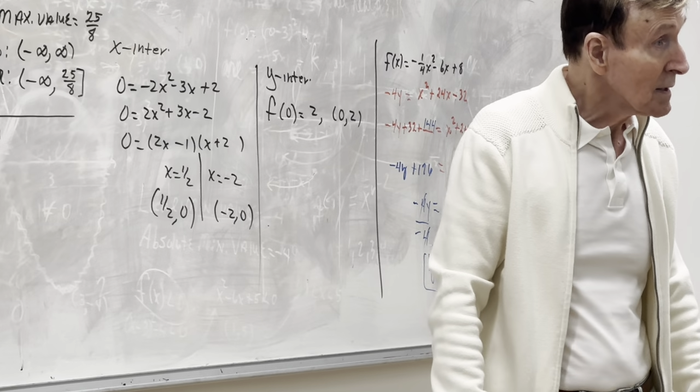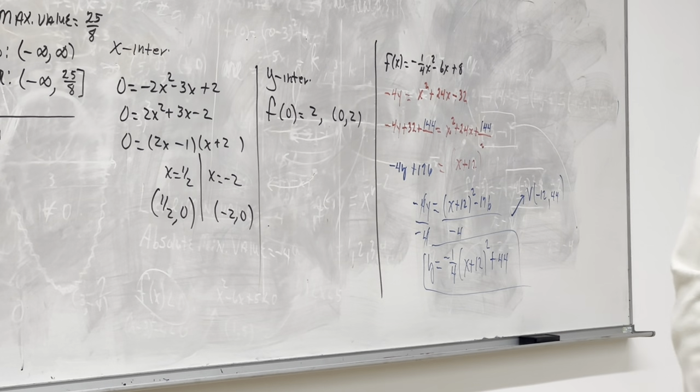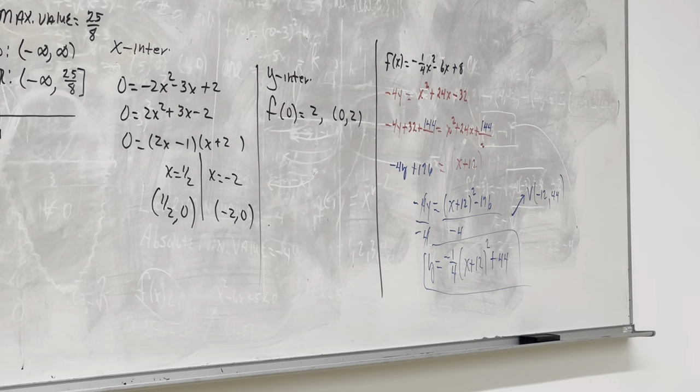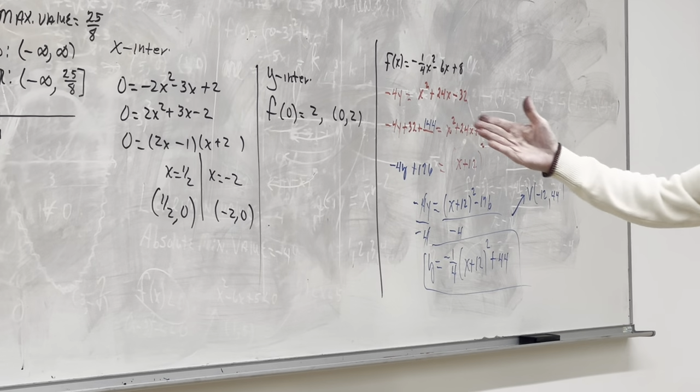Wouldn't it be nice if you had another way to find right quickly, within seconds, where that maximum or minimum value is located, unless you're required to show completion of the square. But suppose on one part of the test it says just find the max, find the min, and I don't mention completion of the square. Would it be nice to have another way, for example, on this last one? In fact, on this first one here.